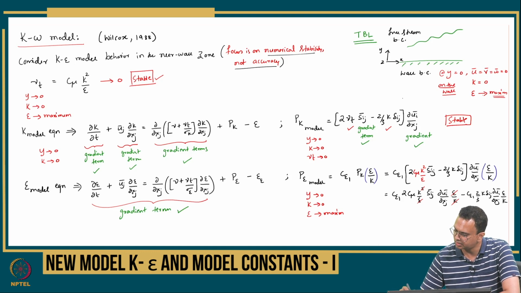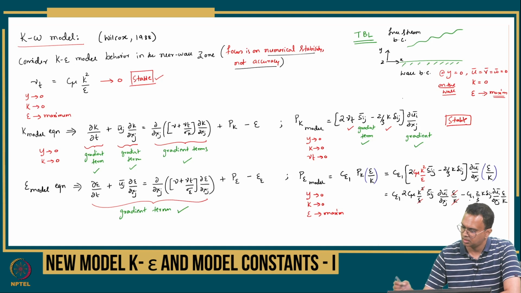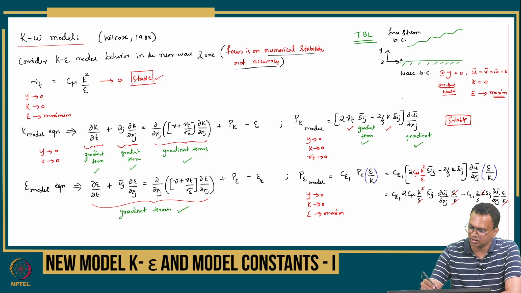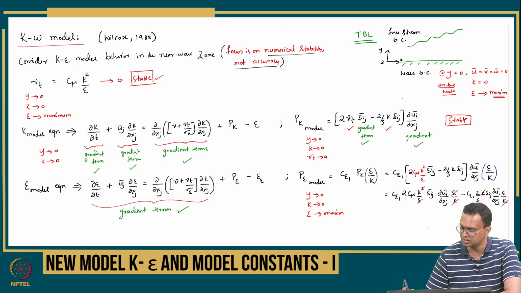Okay, this is correct, right? Yes. So here again the k will go out, again the divide by 0 is gone. So I have the second term as 2/3 ε δij. Epsilon goes to maximum, so not a problem. So the conclusion here is that this is numerically stable. So the Pε model essentially does not give any issues, so it will have only a k dependency part. Okay, so this is stable.